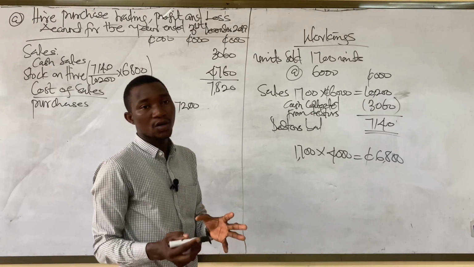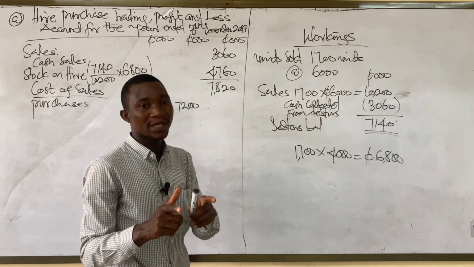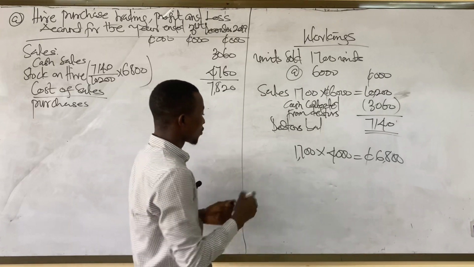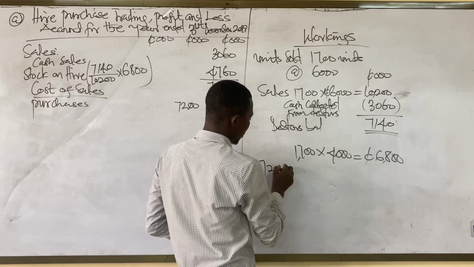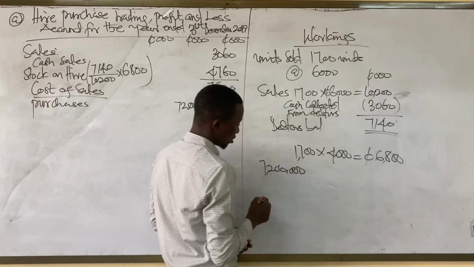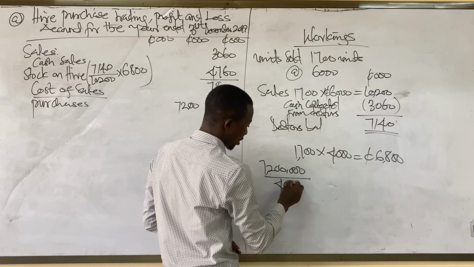So to determine the closing inventory from this question, first of all, we need to know how many units we bought. Then we subtract the units sold. So the purchases amount is 7,200,000. This is the purchases we made at a unit cost of 4,000.